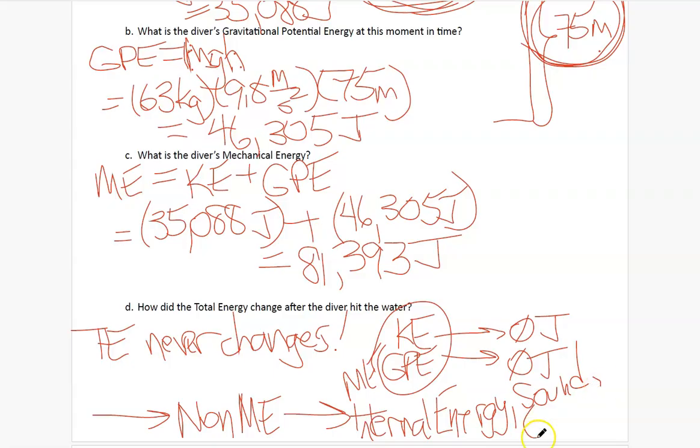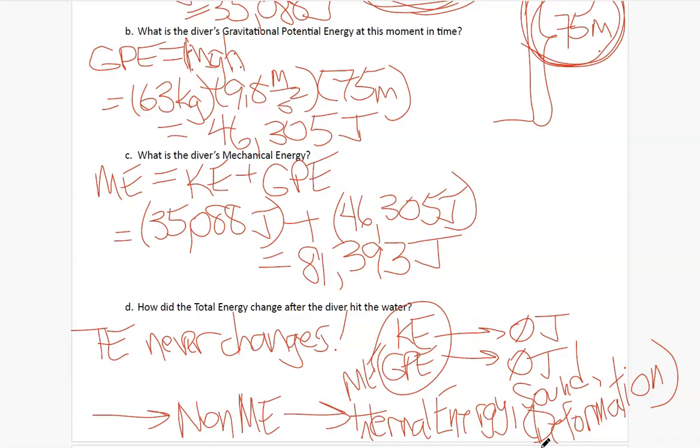So I'll put deformation in parentheses. That would be a third one that you would have in most other cases. It's just in water, we just don't typically call it deformation. So all of the energy that used to be mechanical energy is lost because the diver stopped moving, no kinetic energy, and landed at the bottom, 0 gravitational potential energy.